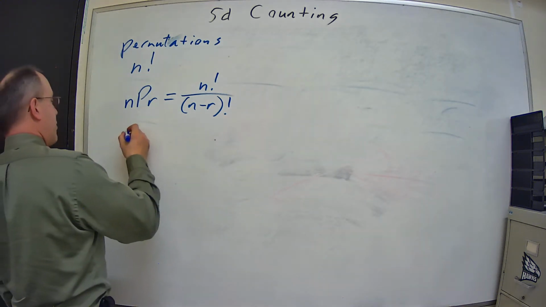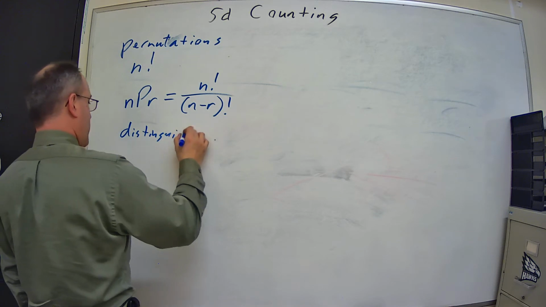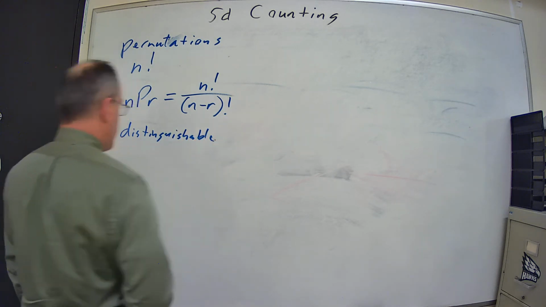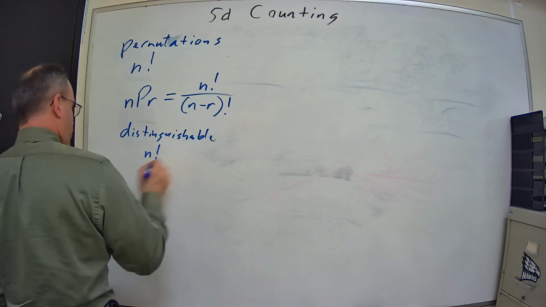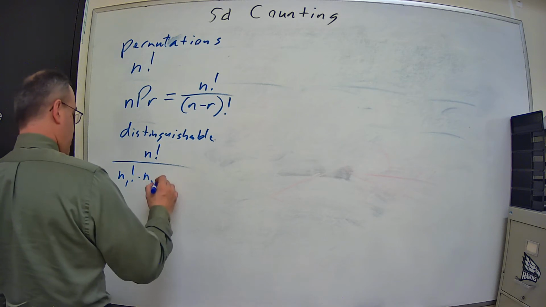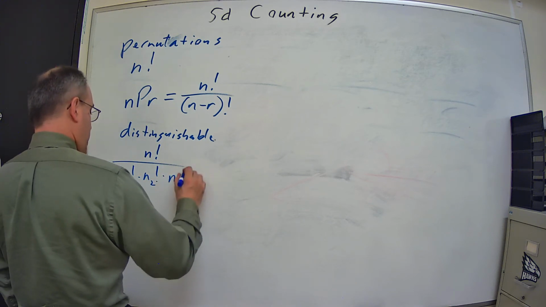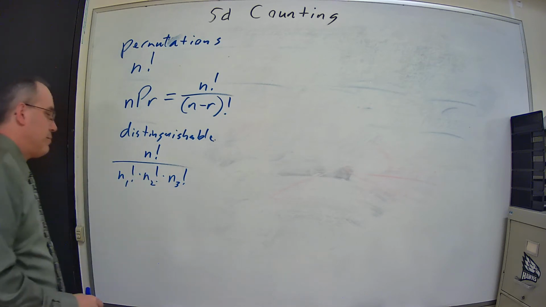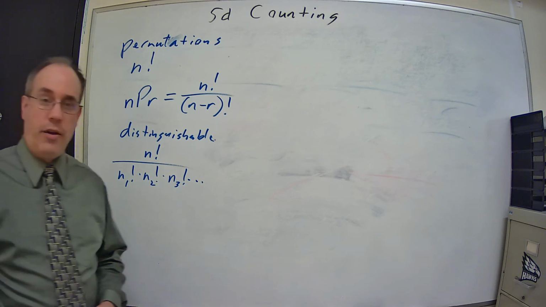And then distinguishable arrangements is n factorial over n sub 1 factorial times n sub 2 factorial times n sub 3 factorial, dot, dot, dot. Continue on however many there are.